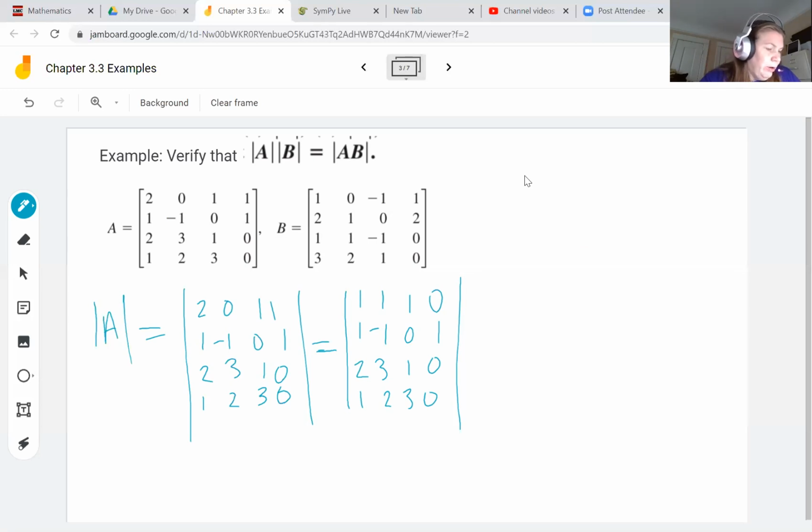And then we can make use of the fact that they're all ones here and set up the expanded values times the cofactors. So taking this first one here, I'm going to get 0, 1, 1, 1, 2, 3, 1, and 1, 2, 3.